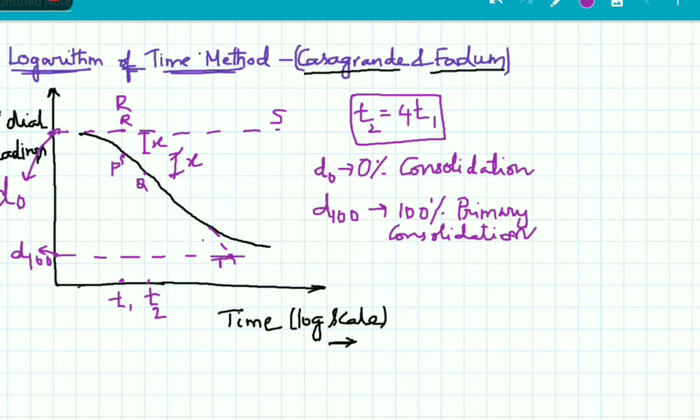Now locate point V on the consolidation curve with D50 dial gauge reading, which is obtained from the average of D0 plus D100.